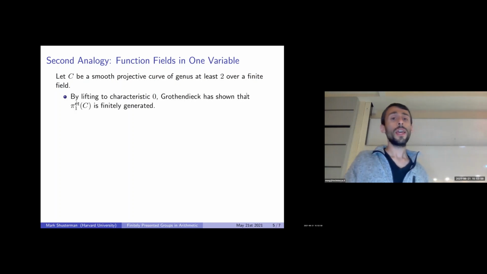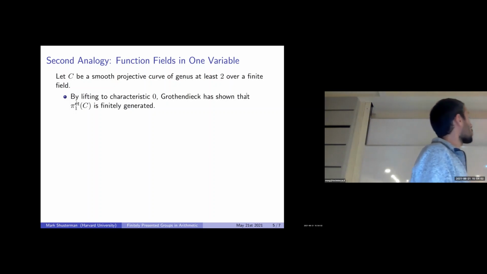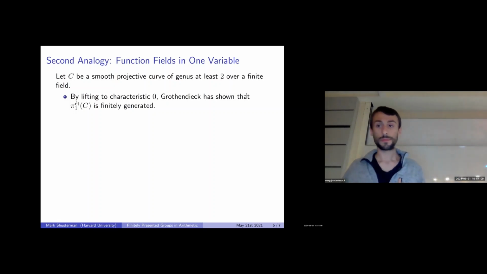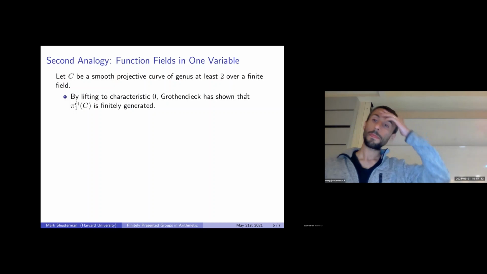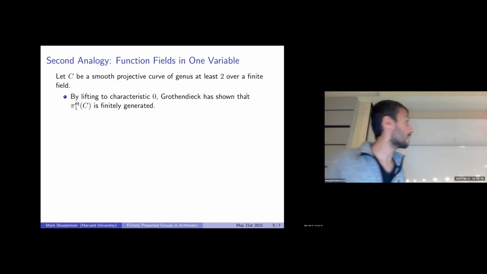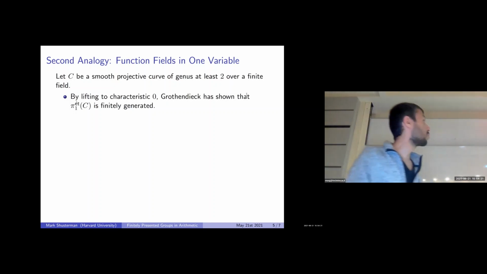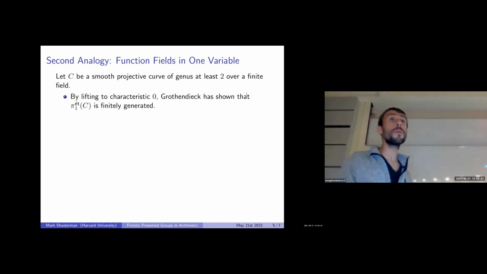If you want to talk about this geometrically, then you are talking about the function fields of smooth projective curves over a finite field. Here the analogous fact to the Shafarevich conjecture is a theorem by Grothendieck.